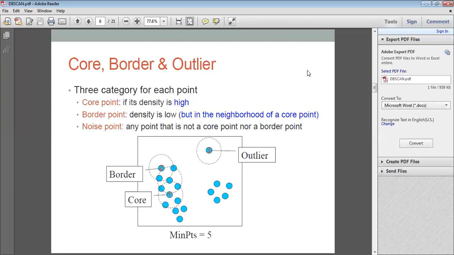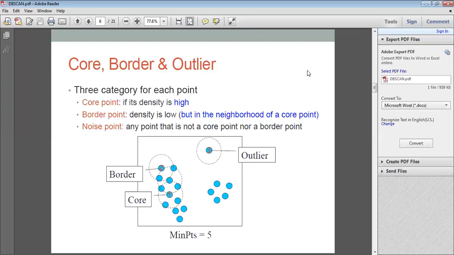For example, in the given figure, the min point criteria or threshold value is equal to 5. Here in the diagram, for point number 1, if we draw an epsilon radius circle around it, we can find there are 5 points.